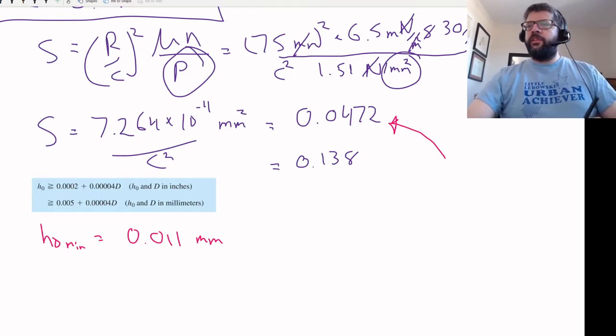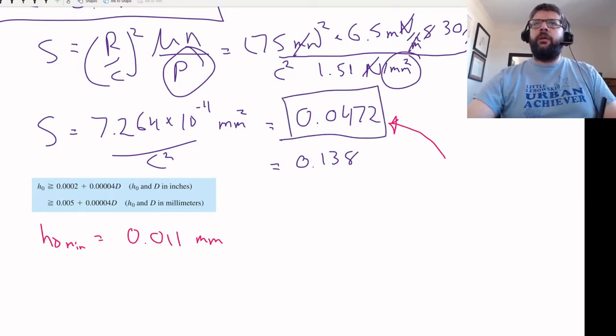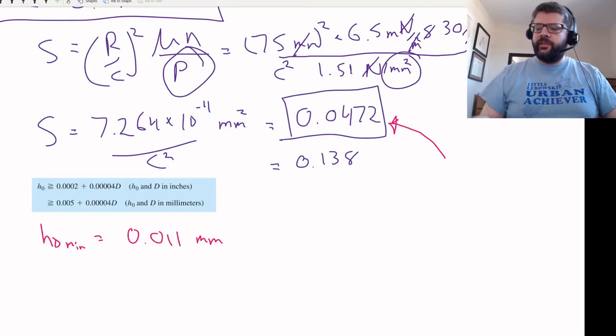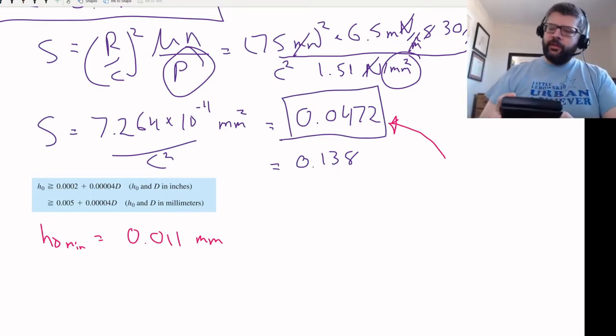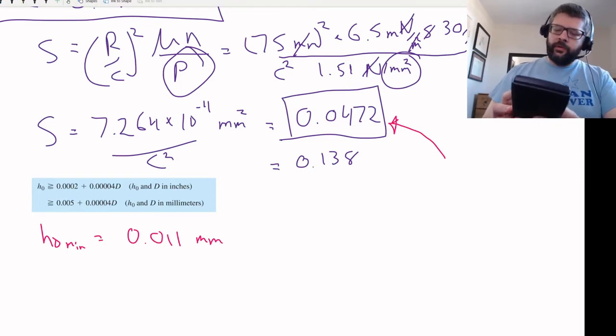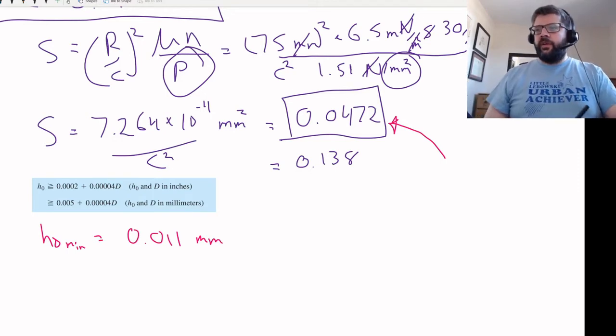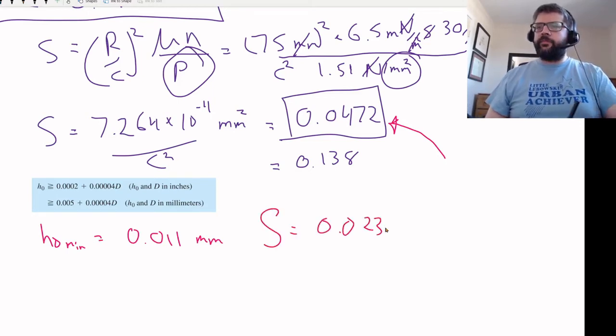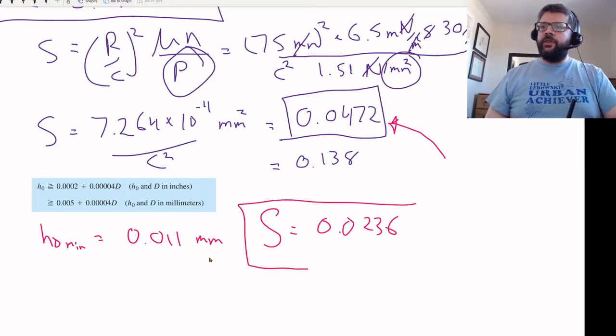So basically, in a condition where we have our S equal to that value there, I can't believe I just pointed at my screen, 0.0472 divided by 2, that would have an S of 0.0236. And we want this to correspond to an H naught larger than this.